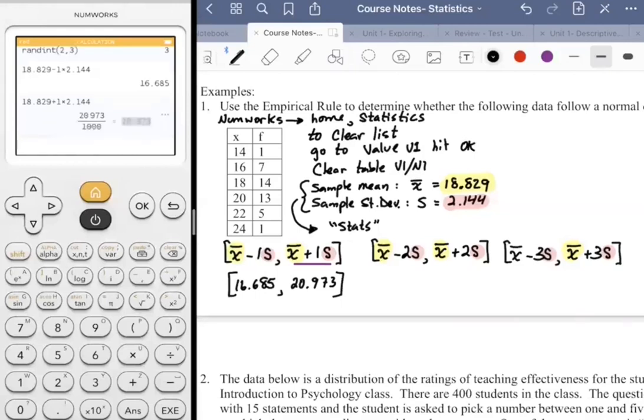So up arrow, go back to the one that has a minus. I need this structure, but that one needs to be a 2. So X bar minus 2 times the standard deviation, and my low bound is going to be 14.541.